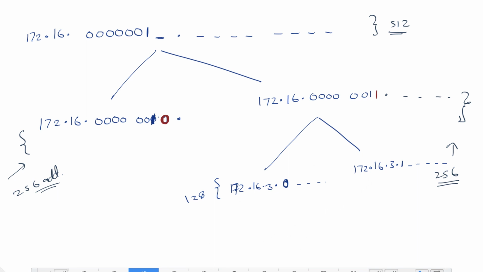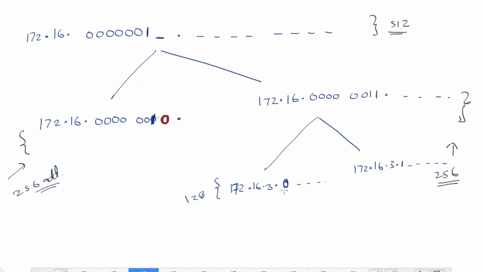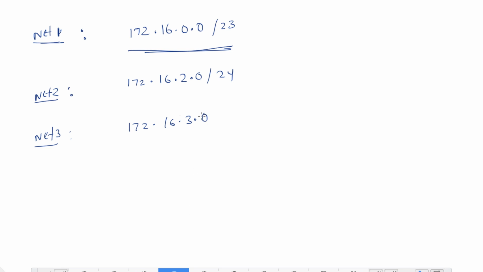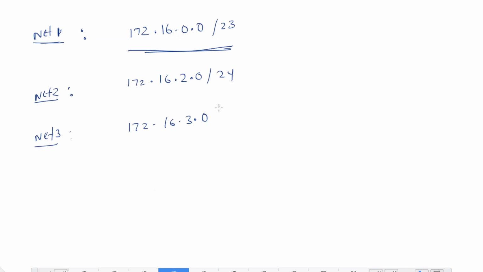It will be 172.16.3.0. This 0 is also fixed, right? You can have anything here, but this 0 is fixed. But the subnet mask is important. What will be the length of the subnet mask? This is 8 plus 8 plus 8 plus 1, which is 25. Select 25. This is your network 3.